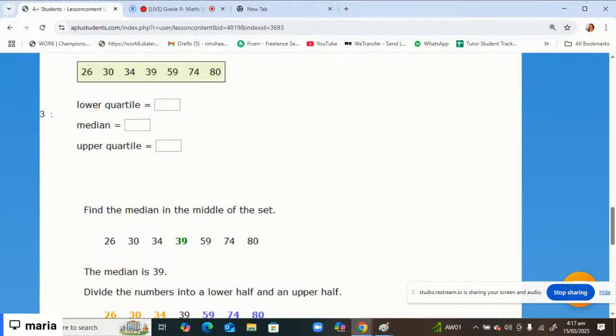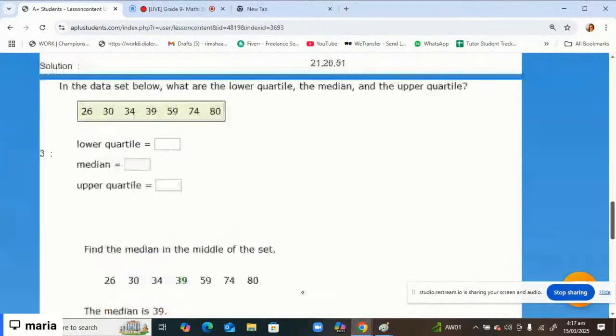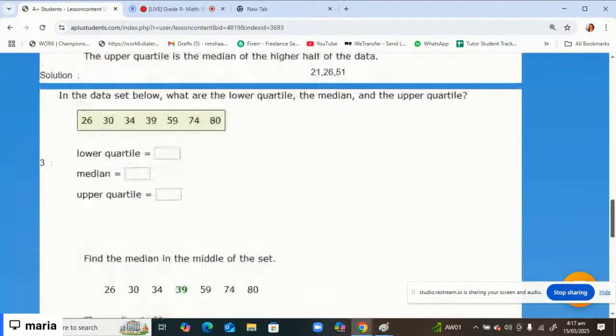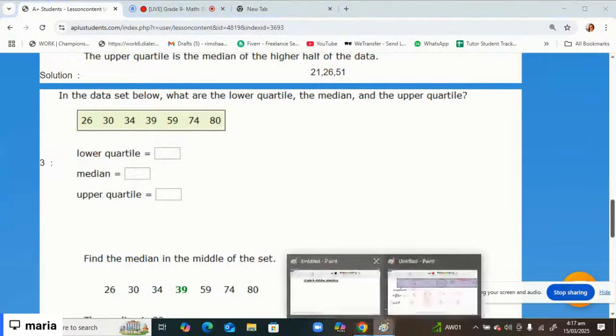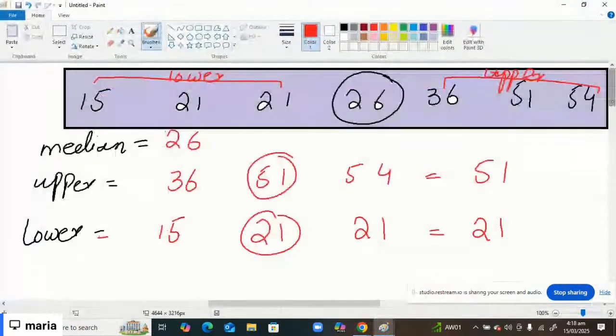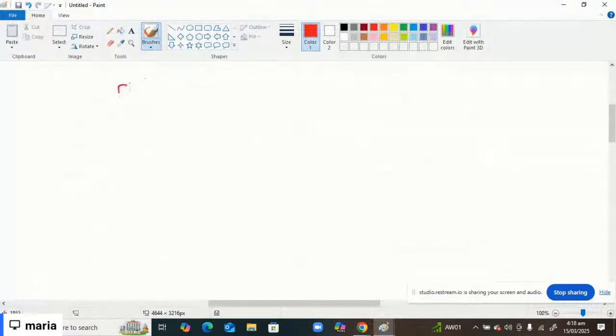So let's find this one. Let's do this question. In the data set below, what are the lower quartile, the median and the upper quartile? Let's write the data first. The data is 26, 30, 34, 39, 59, 74 and 80.